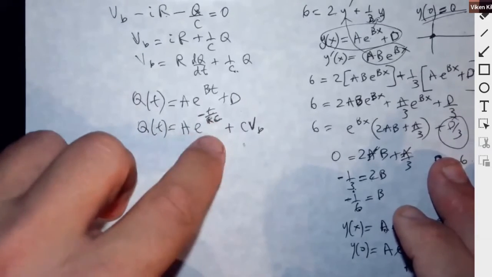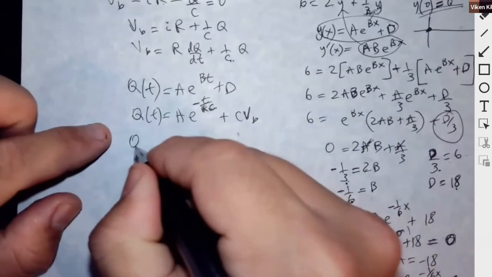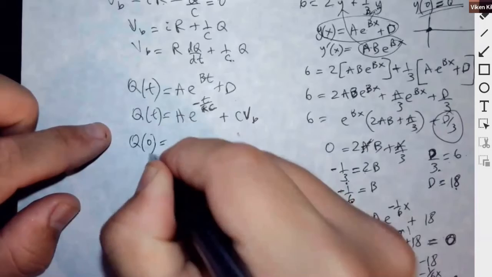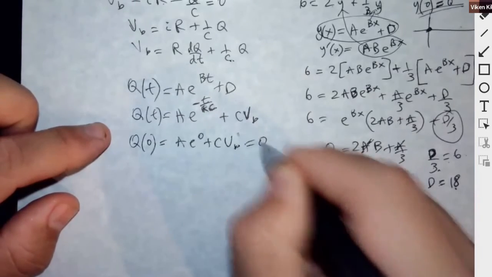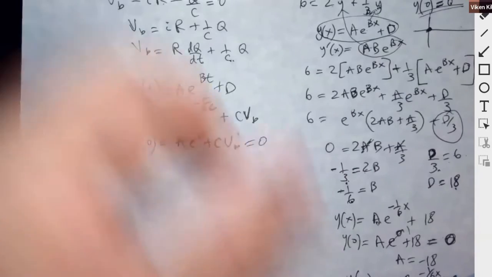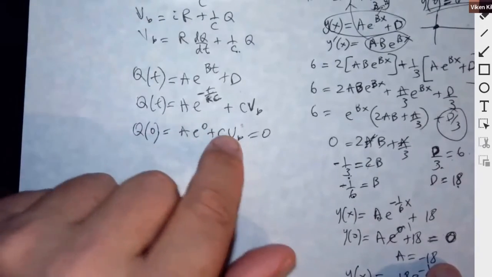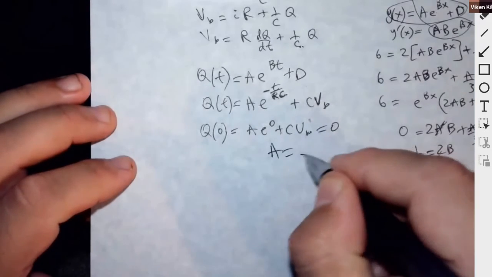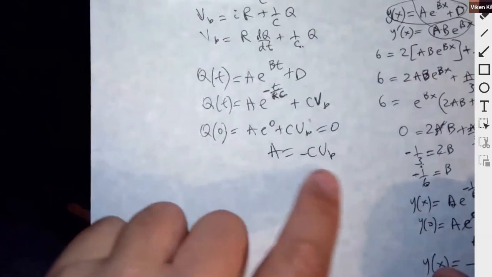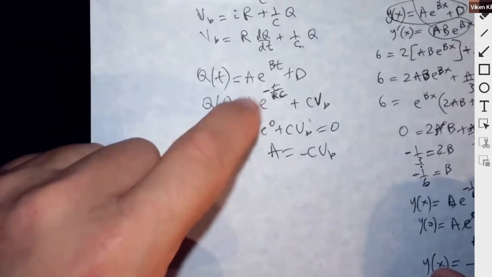If it is uncharged, we say Q at 0 is A e to the 0 plus CVB, and that's equal to 0. So I do the same thing that I did down here, where I got A is negative 18. So here it's going to come out that the A is negative of this. Same thing. So A is negative CVB, and then we put that into there.